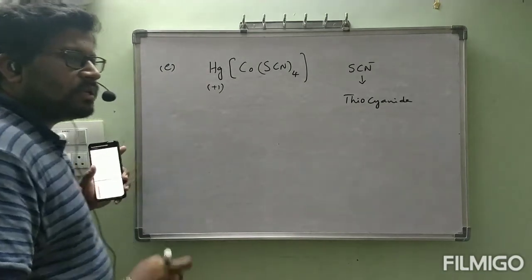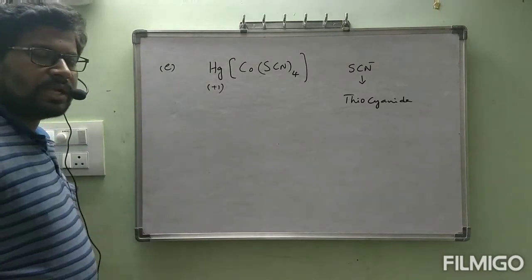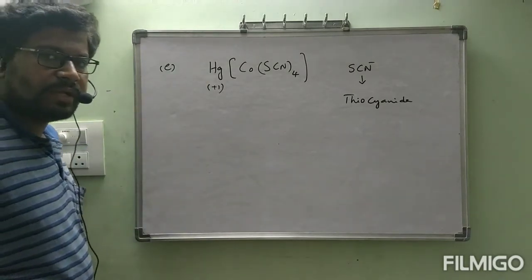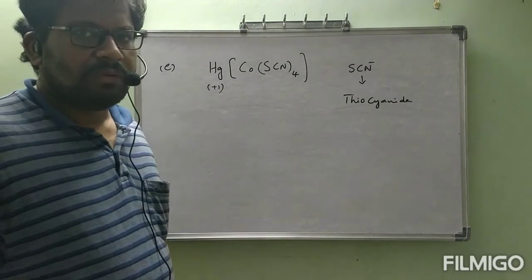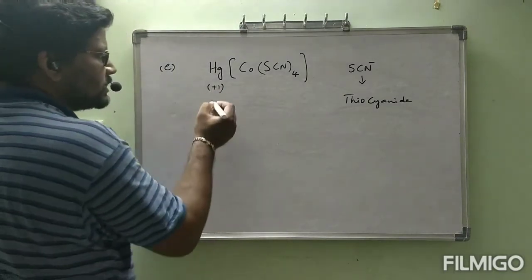Actually, very rarely will these elements behave like counter ions; d-block elements will behave like counter ions. Now this is +1.